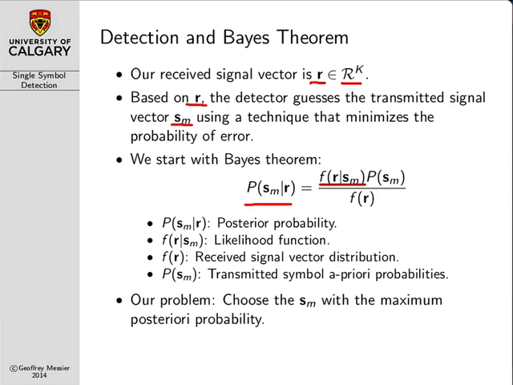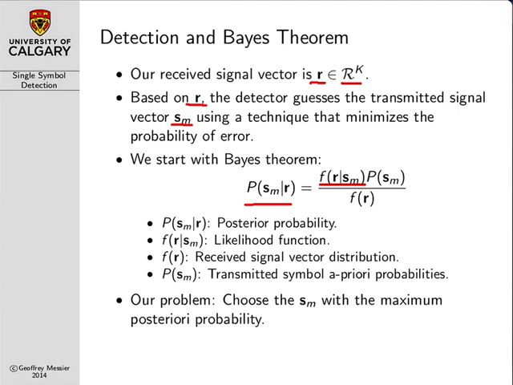We'll see this in more detail later when we look at the additive white Gaussian noise case. But you can think of the likelihood function as a probability density function that we would generate in the lab by essentially transmitting the same signal vector over and over again.